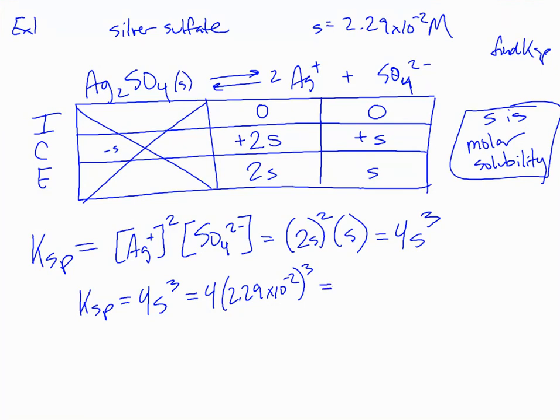And so this is how we figure out our solubility product. You should come up with 4.8 times 10 to the minus 5.